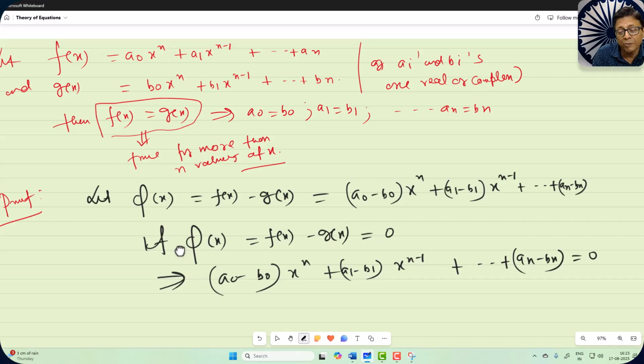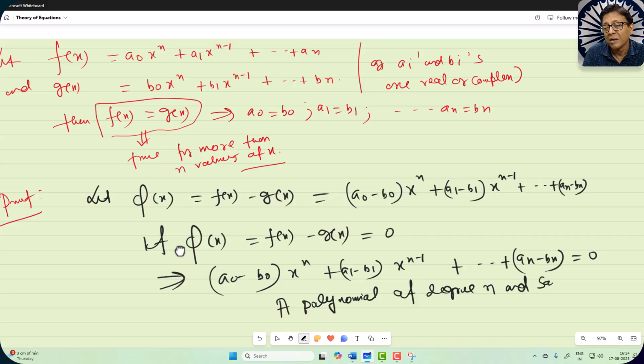This is a polynomial of degree n, and it has n + 1 roots. Why?